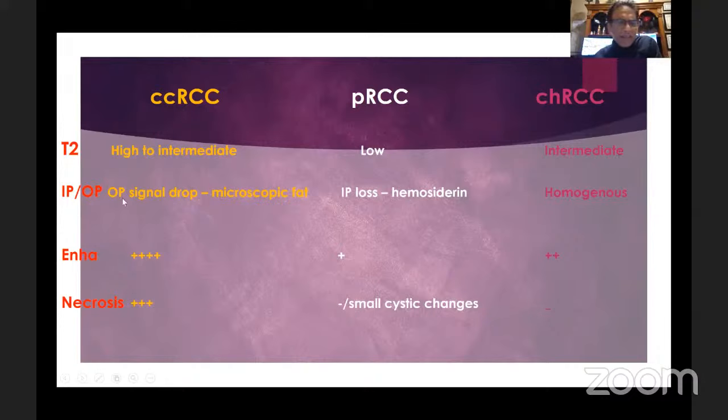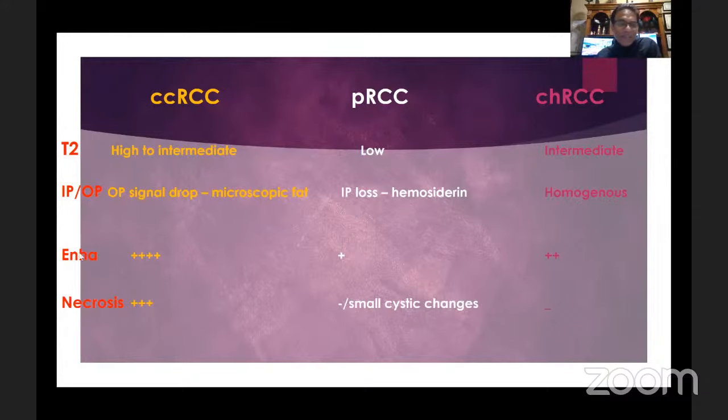On in and out of phase imaging, since clear cell renal cell carcinoma has intracytoplasmic fat, it's going to show drop in signal, usually uniform on out of phase imaging, which we saw earlier. Whereas in papillary renal cell carcinoma, there is drop in signal on in phase, not out of phase. That's due to hemosiderin or hemorrhage within the lesion. Whereas chromophobe type is usually homogeneous.